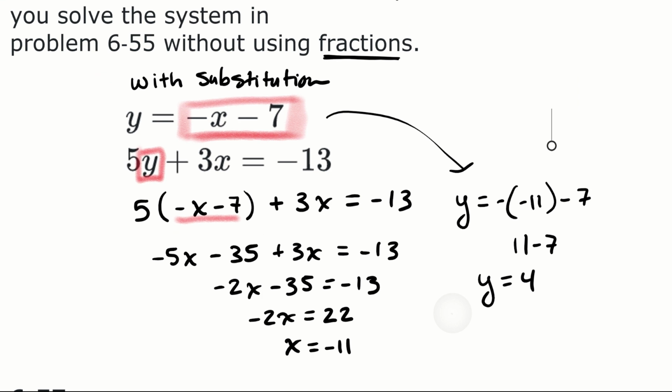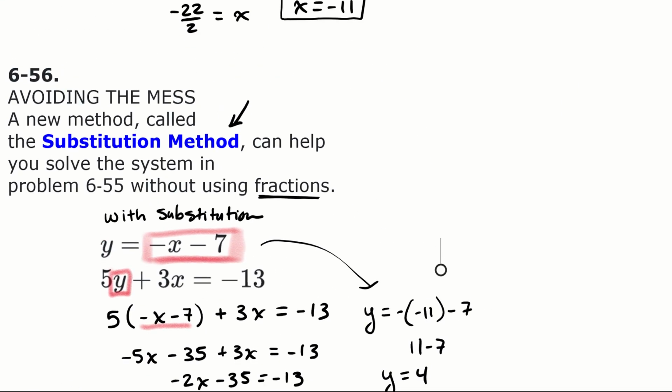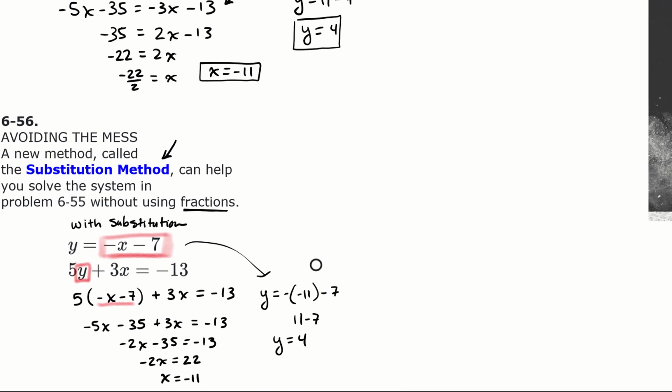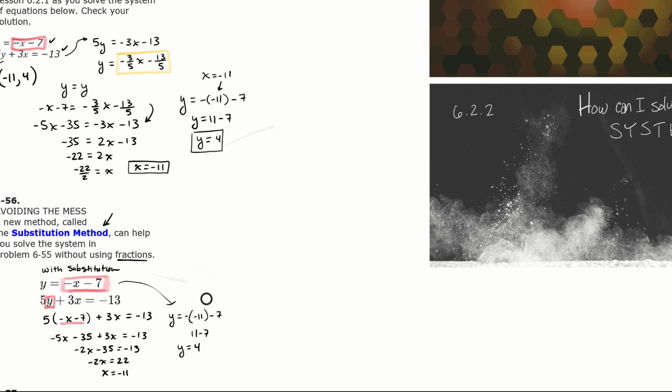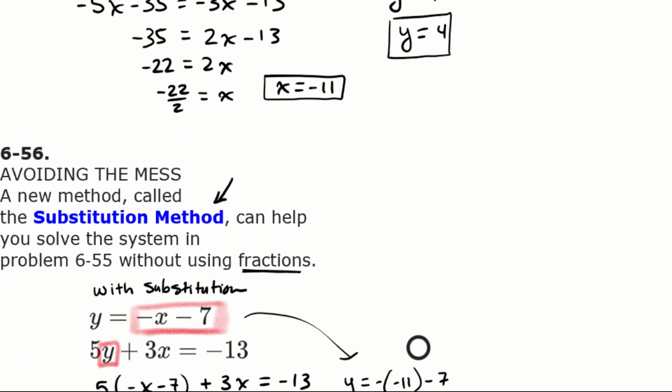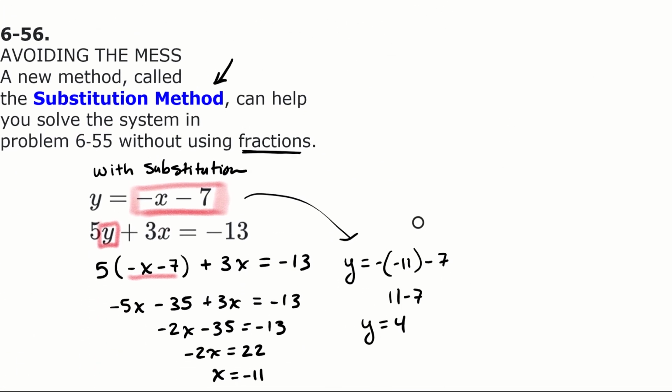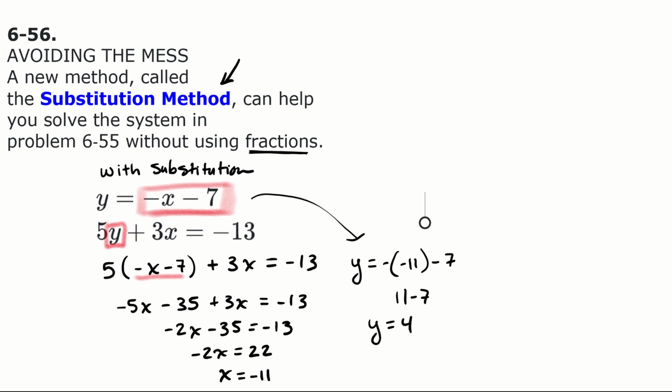So as we zoom out and take a look at this, in both cases we ended up with the exact same value for x and y, negative 11, 4. It's just we used this technique we're going to call substitution.